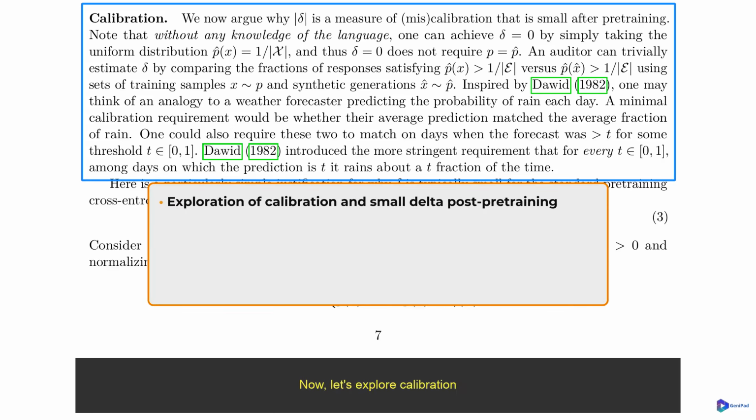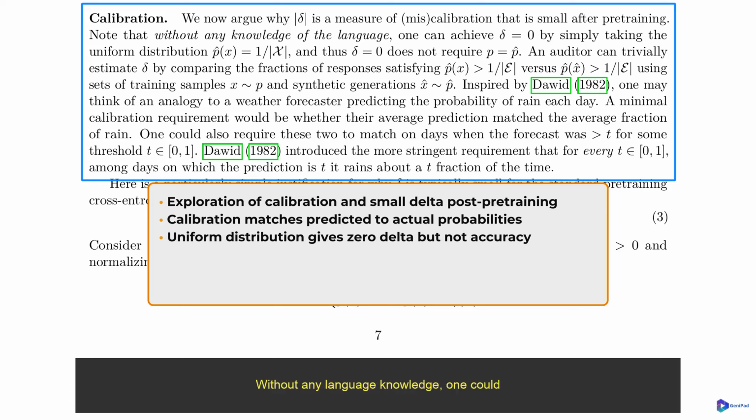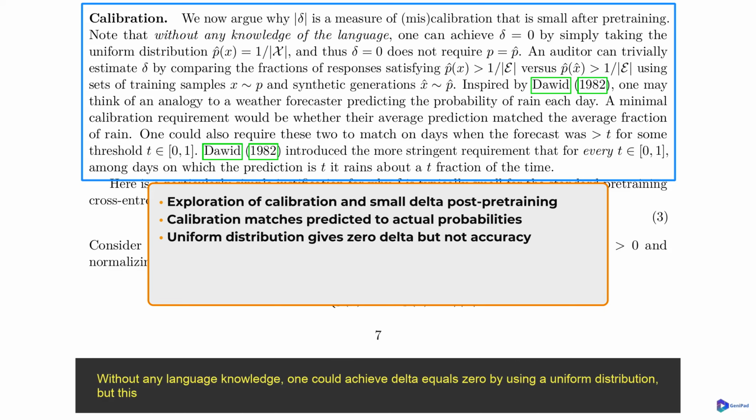Now let's explore calibration and why delta is typically small after pre-training. Calibration refers to how well a model's predicted probabilities match actual outcomes. Without any language knowledge, one could achieve delta equals 0 by using a uniform distribution, but this doesn't mean the model is accurate.